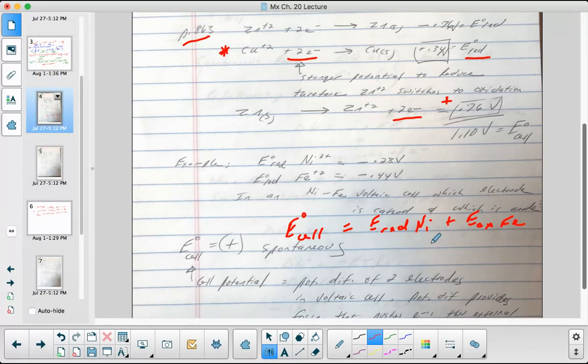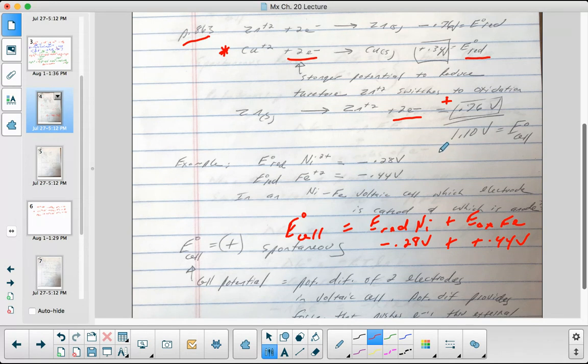So what does that mean? I'm going to take negative 0.28 for the nickel, and I'm going to add it to the positive 0.44 for the iron, because this one had to get flipped around.